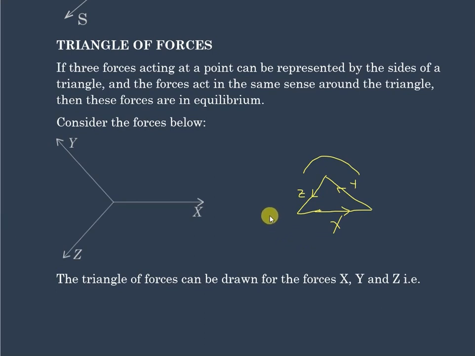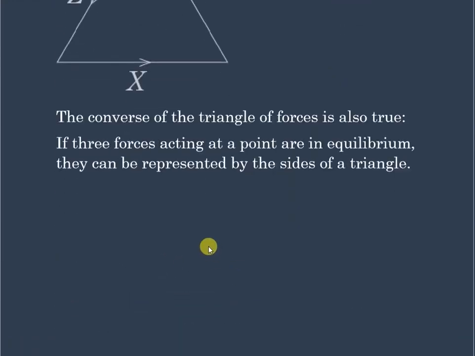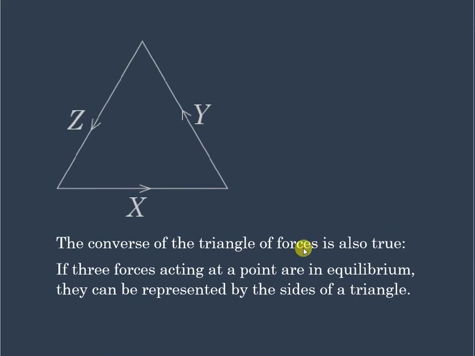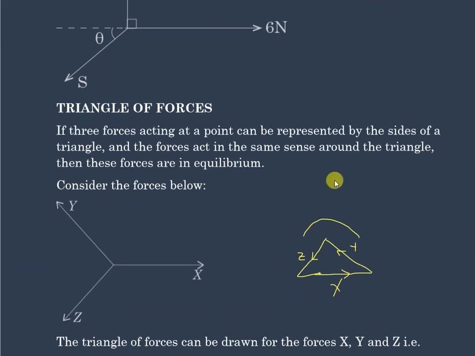So if it is possible for us to represent the forces like that, then the forces are in equilibrium. And sometime later we shall see that the converse of the triangle of forces is also true.